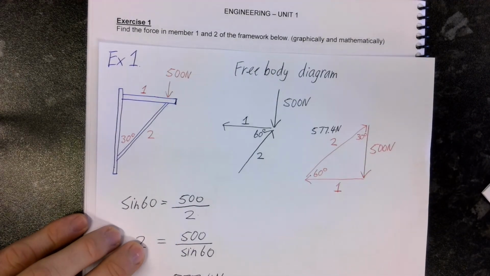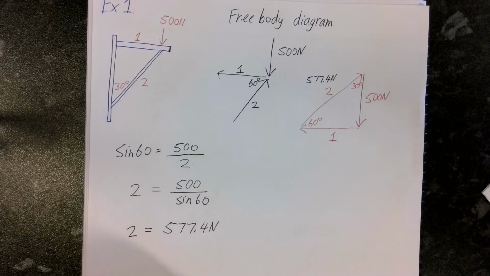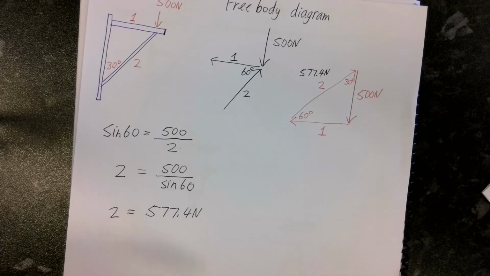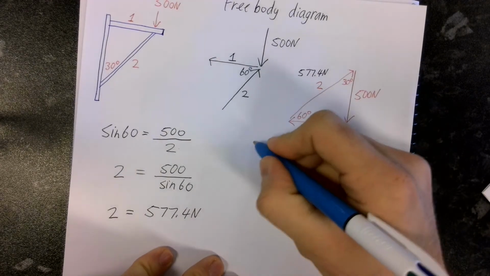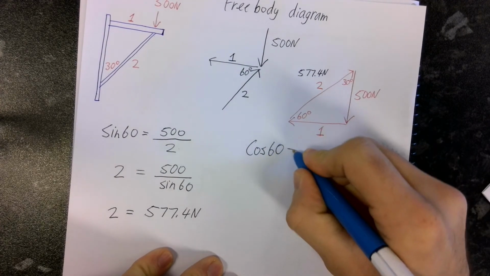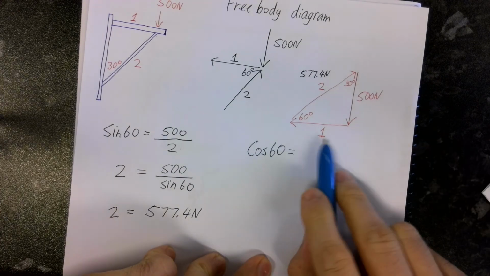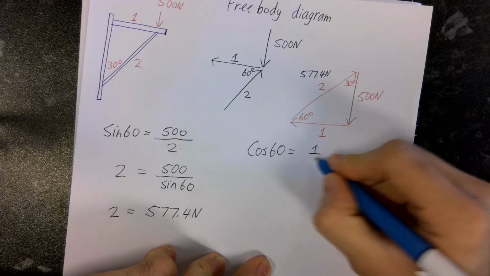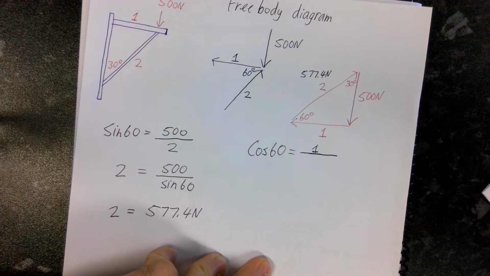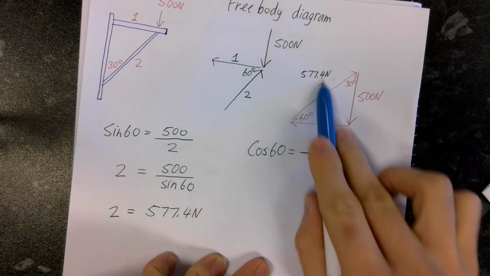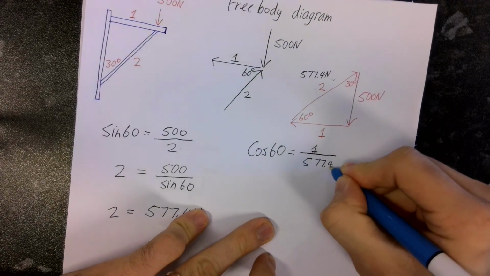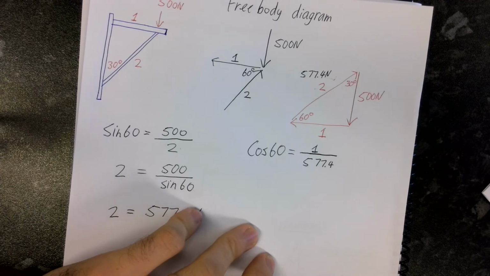Find number 1 and 2. Now we need to find number 1. So let's have a go. So I'm going to use cos for this. So cos 60 again, okay, is equal to number 1 over, okay, number 1 over, and it's this one here, our hypotenuse, 574.4.